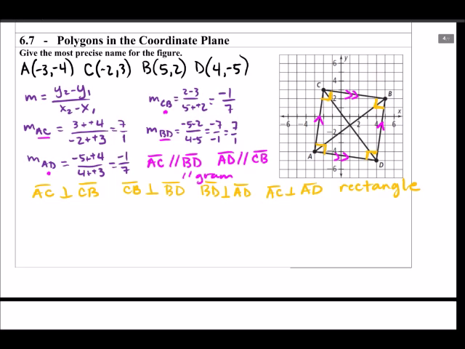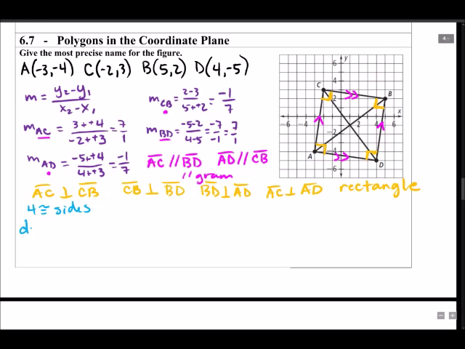Well, we need some square properties. So we need some properties of rhombuses. What do we know about rhombuses? Well, we could either look for 4 congruent sides, right? So that would be distance formula.